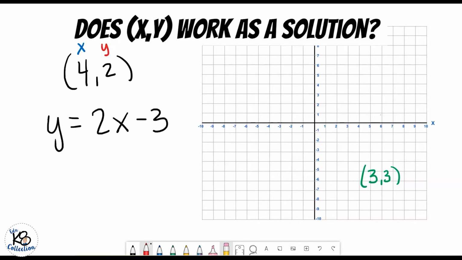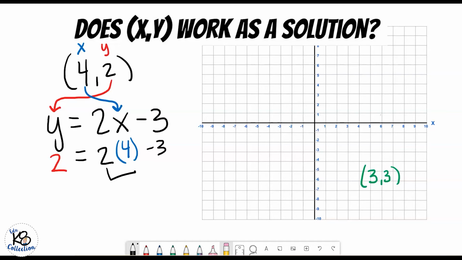I'm going to plug in 2 for y, so I have 2 equals 2 times x, and x is 4, and then still minus 3. PEMDAS means I must multiply before I subtract. So 2 times 4 is 8. I'm going to bring down my minus 3, and I can't forget my equals and my 2.